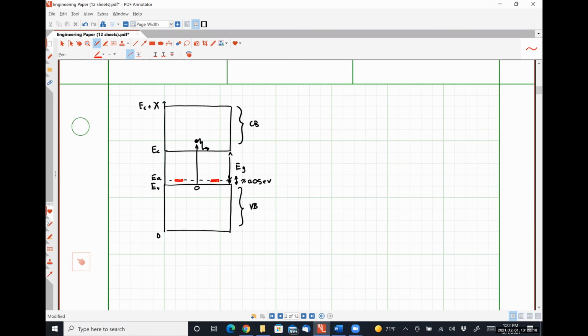Kind of jumping ahead here. Did you guys talk about what a typical doping concentration was? Or did you work enough problems to kind of figure out, like, ballpark, how heavily is silicon usually doped? Anywhere from 10 to the 15 to 10 to the 18. Exactly right, 10 to the 15 to 10 to the 18. Silicon has 5 times 10 to the 22 atoms in a cubic centimeter of the crystal.